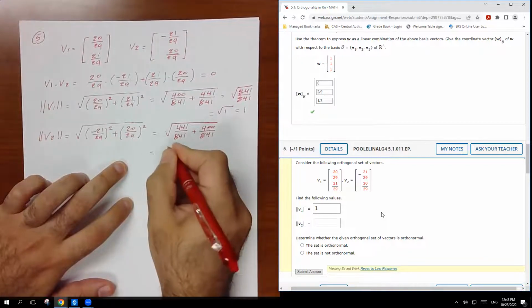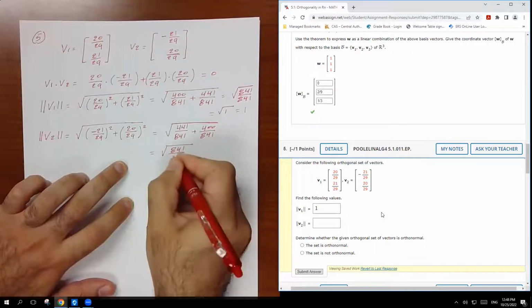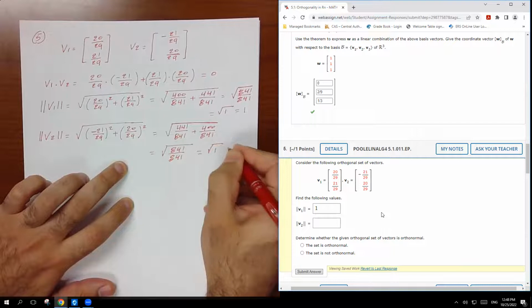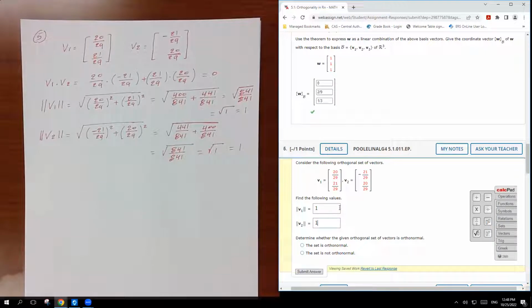This is the square root of 841 divided by 841, which is the square root of 1, equal to 1. That means the length of V2 equals 1. So in this case, the set is orthonormal. That's it for this example.